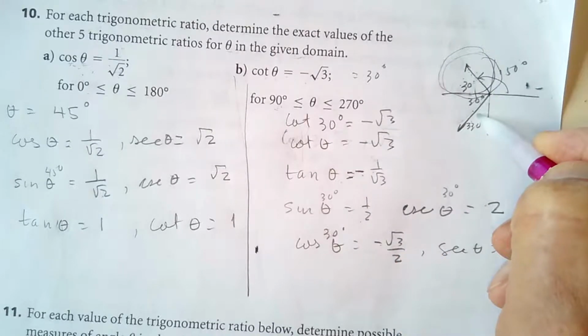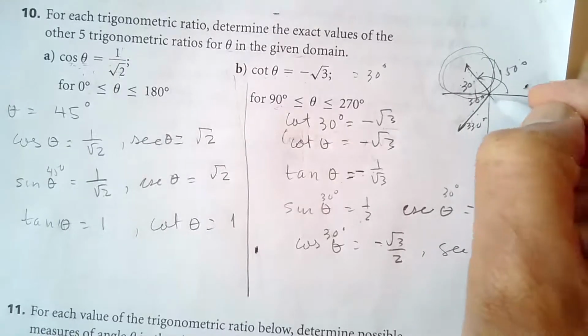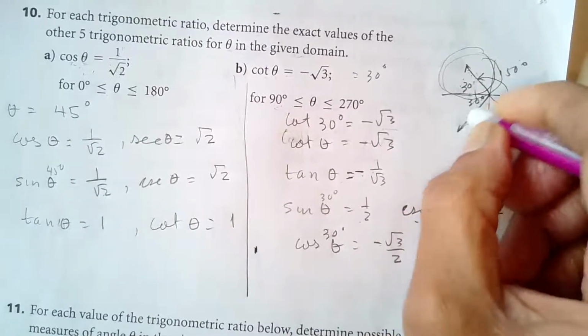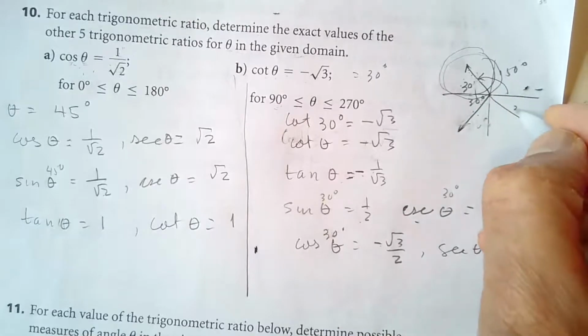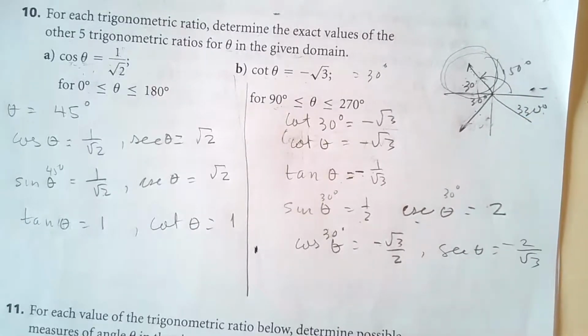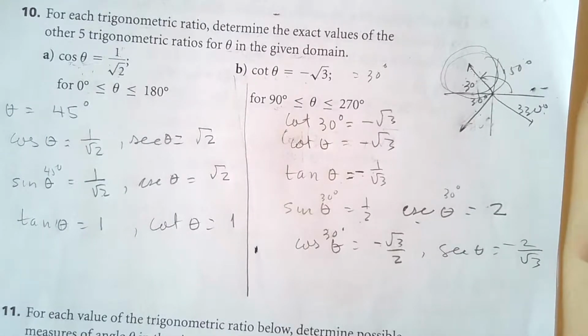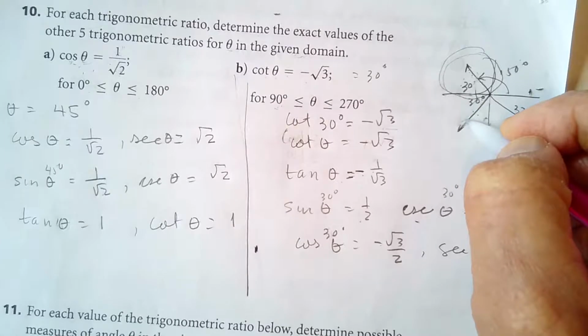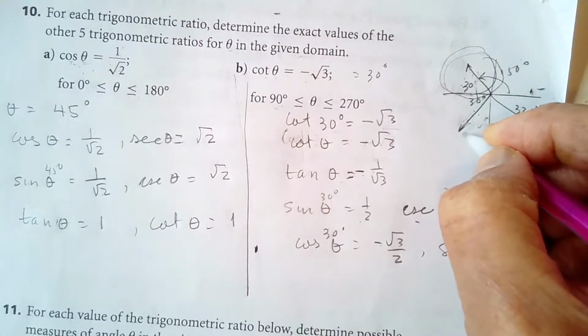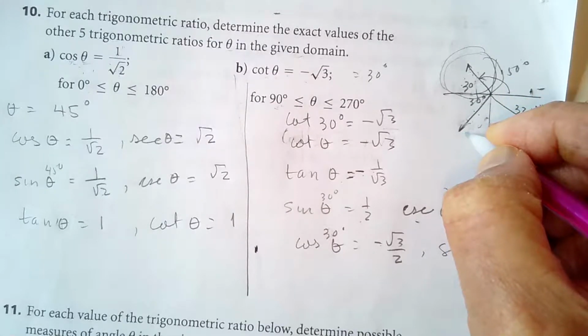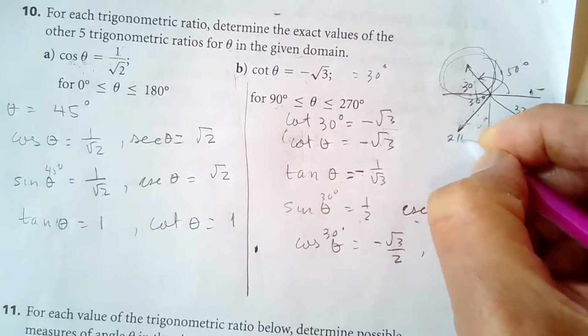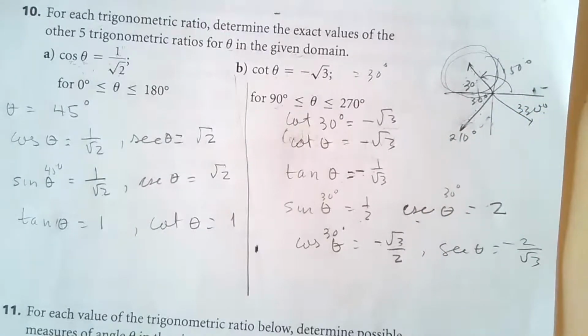Now, if we go to the reference when it's 330 degrees, now that will switch over to negative. 330 degrees would be over here, sorry. This would be 180 plus 30. That will give us 210 degrees.